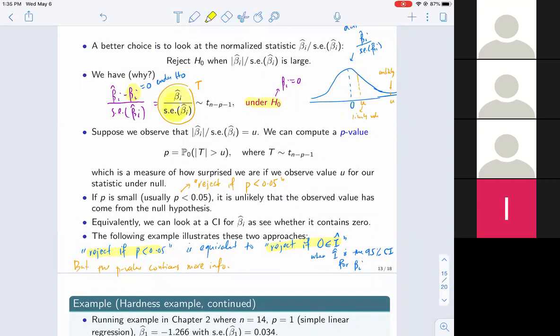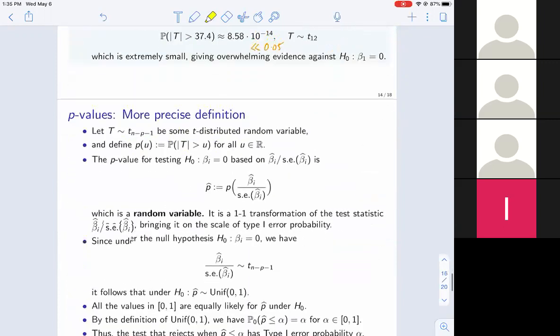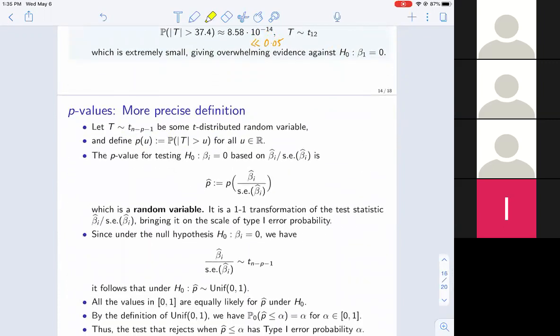This t cannot be compared to probabilities because it's not related to probabilities, but you can bring it onto the scale of 0, 1 such that when you compare it to probabilities, it makes sense. That's the idea. So again, it's a transformation of your test statistic, so it's a random variable.